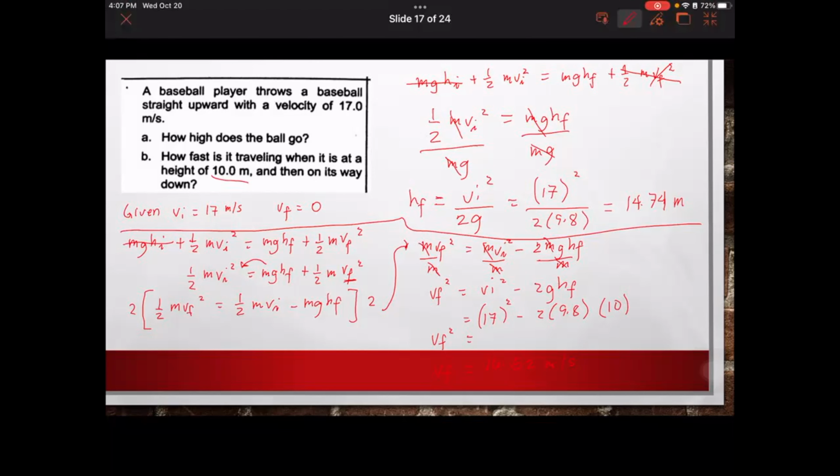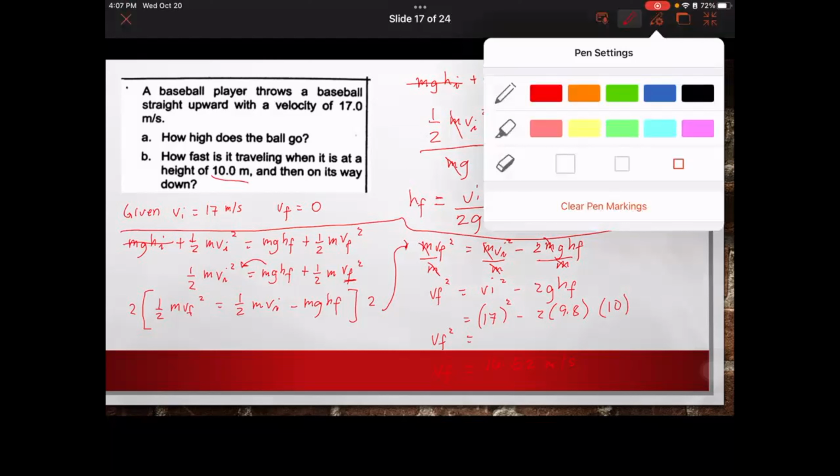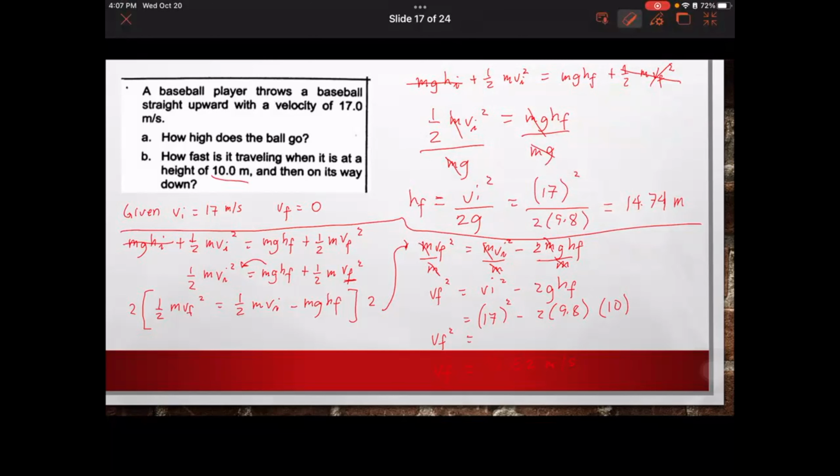Parang malayo. Correction tayo, correction. Meron tayong 17 squared minus 2 times 9.8 times 10. So 17 squared minus 2 times 9.8 times 10. That's 93. Taking the square root. Mali yung pag-square mo. Pakiulit.